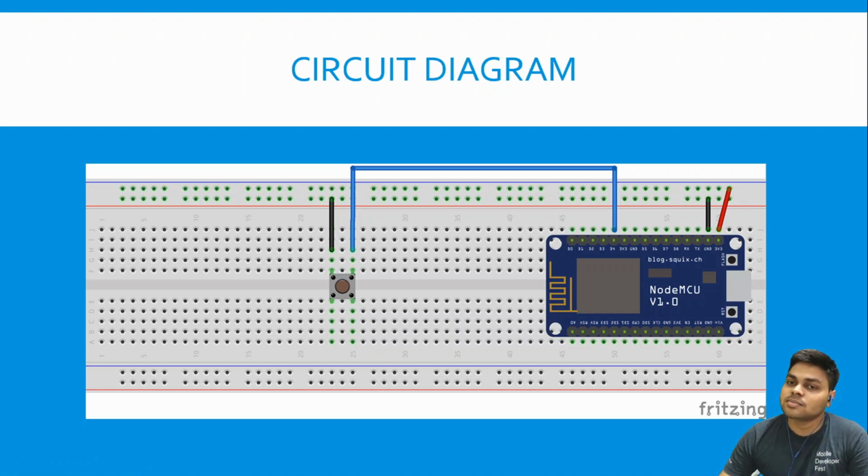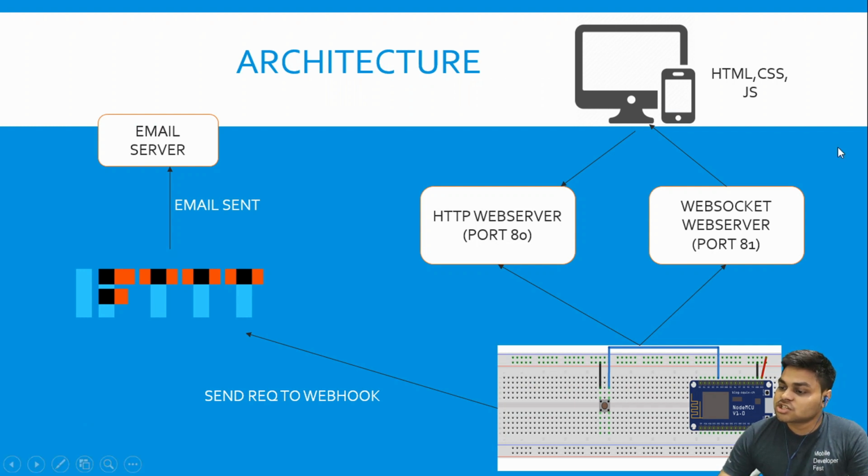I will discuss this more clearly when I discuss the Arduino sketch. Okay, so the architecture is quite simple. We can see here the hardware setup right here in the bottom, and above it we can see the HTTP web server and the WebSocket server.